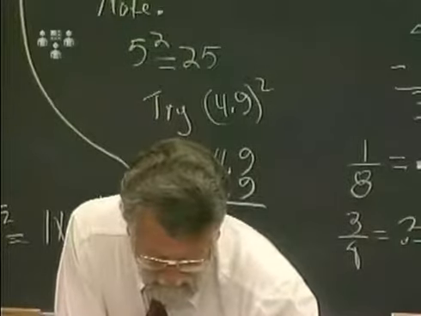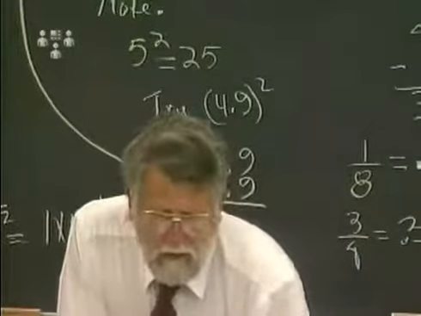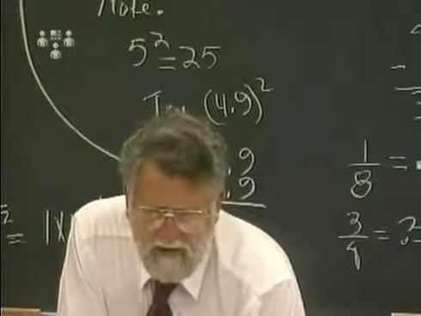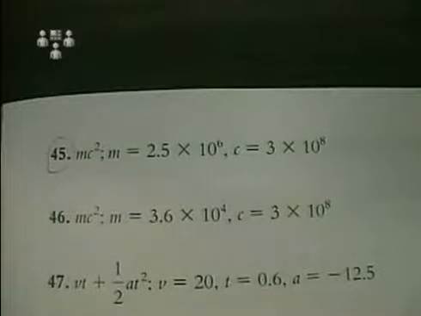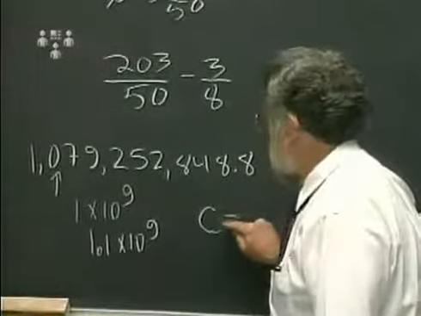Okay, and so the figure given here on problem 45, where it's being given as 3 times 10 to the 8th. So if I look at what I have up here, okay, I think we can make a rough approximation. Again, the C was given as, let's come back to the book for a moment, 3 times 10 to the 8th.